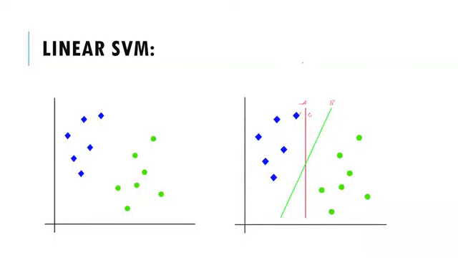So if you have two classes, something like this, and you take a line which is very close to these points, it is a very tight and very close separator, right? The boundary is very close to this observation, and if a little variance in the values is seen, then it will misclassify those observations.